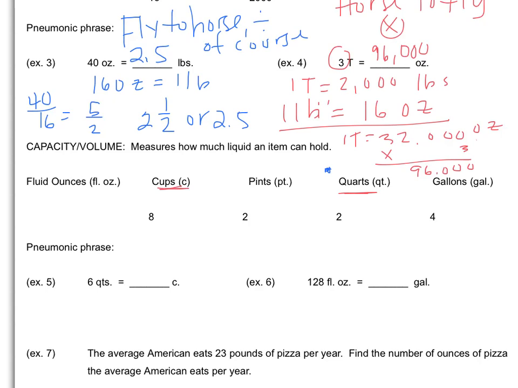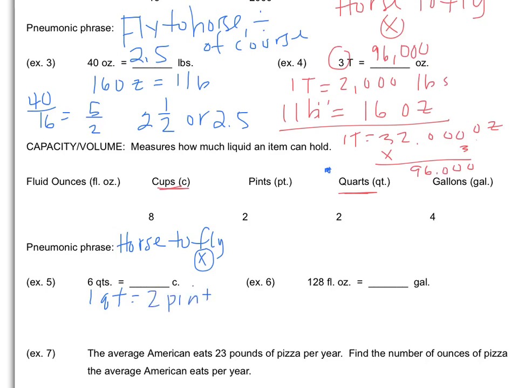So we are going to do horse to fly, multiply again. So let's do blue. Horse to fly, you're going to multiply. All right, so we need to go from quarts. Looking at my sheet, I have 1 quart equals 2 pints.